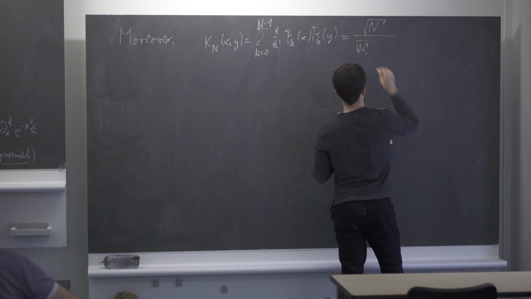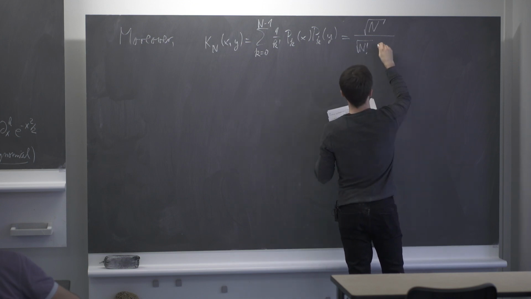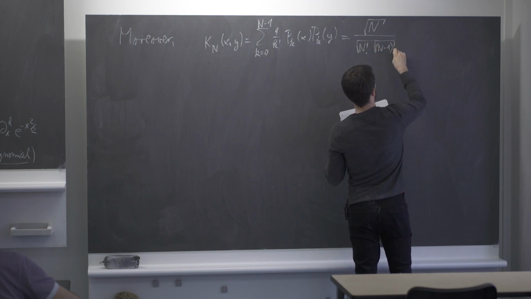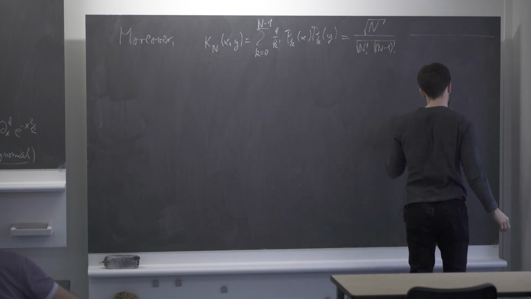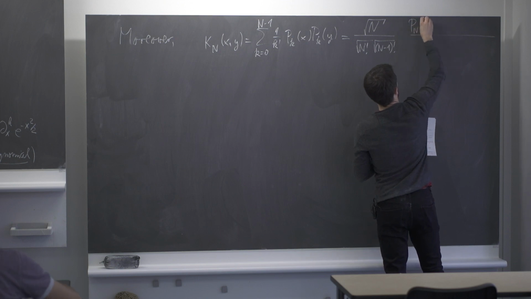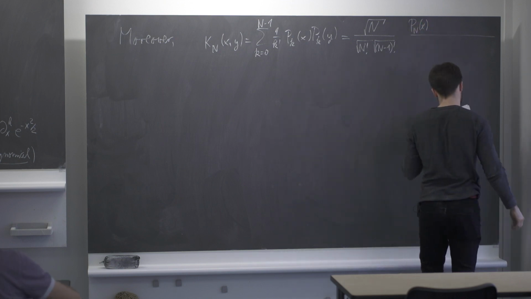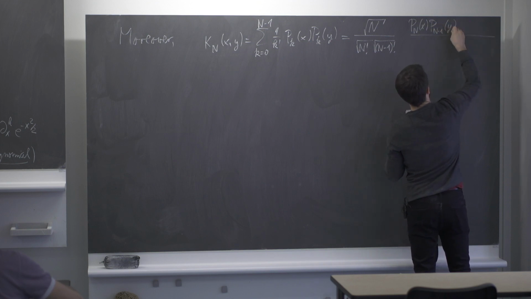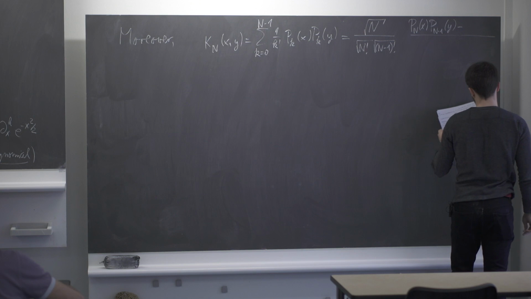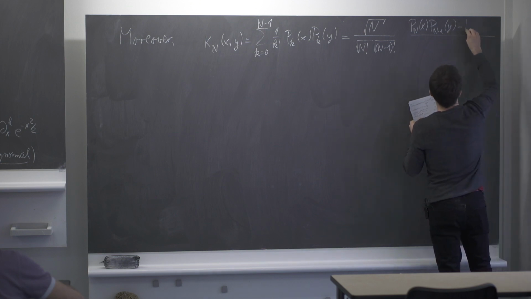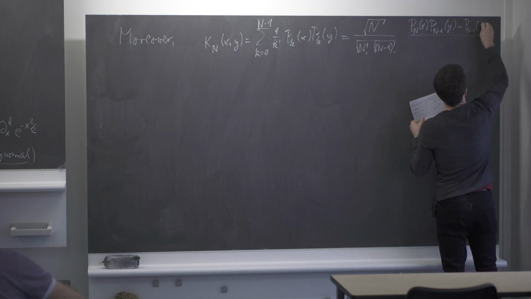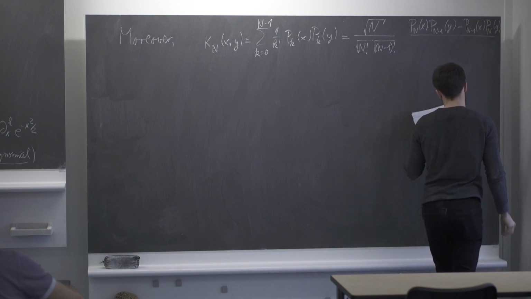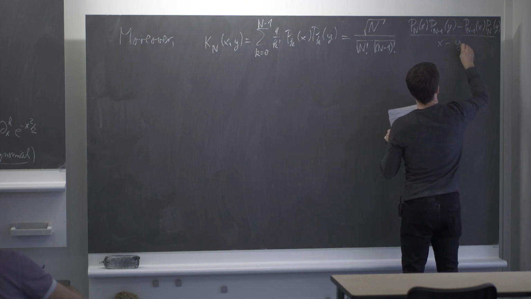I have a square root n, divided by square root of n factorial, square root of (n-1) factorial, so some normalizations. And then I have P_n, the n-th Hermite polynomial, of x, and P_{n-1} of y, minus P_{n-1} of x and P_n of y, divided by x minus y.